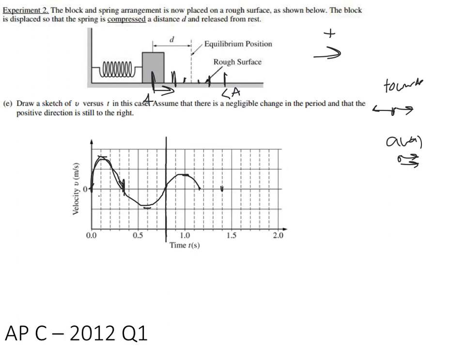1, 2. I think I did my counting wrong. Yep, definitely did my counting wrong. Oh, can't redraw it. Because this is where 0.7 is. Which means 1, 2, 3.